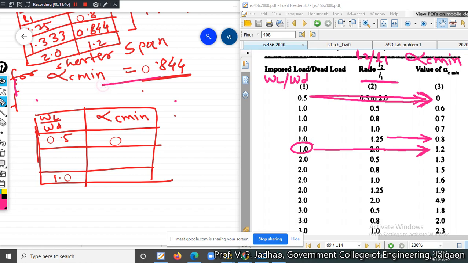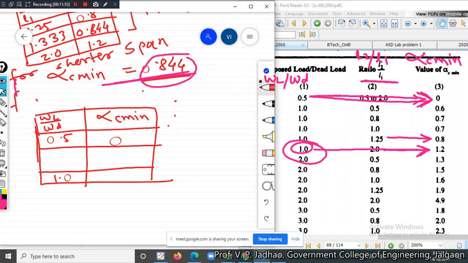We calculated this value for 1, and that value is 0.844. So just write down here 0.844.